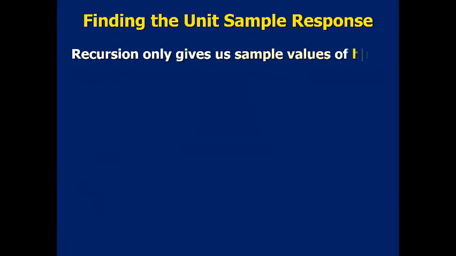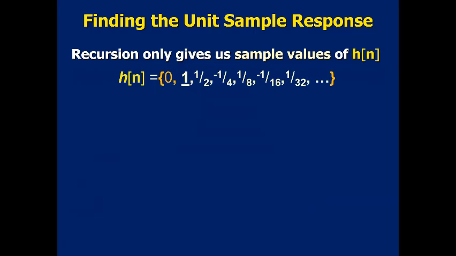Okay, so we can use recursion. That works fine to give us the sample values for a non-recursive system that has a finite impulse response. For an IIR system, it'll give us sample values, but it certainly doesn't give us a function of n that describes h of n. Now we could try to do like the one homework problem and say, here's a sequence of numbers.